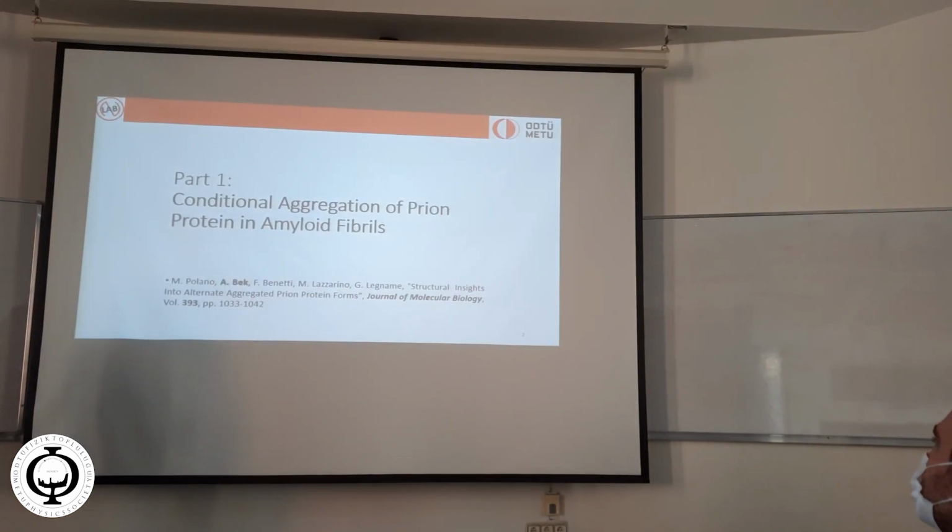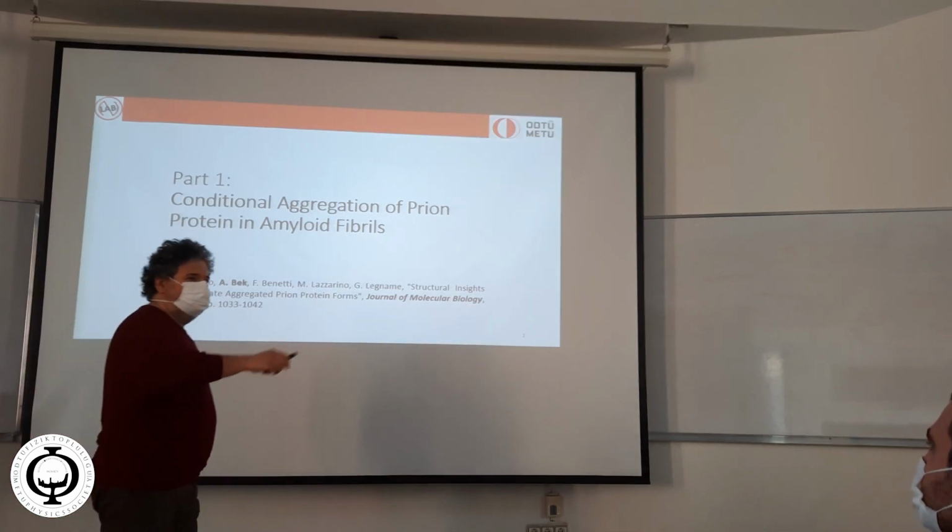In my first example, I will mention a group of proteins which cause the Prion disease, namely prion protein. Prions, are you familiar with Prion disease? Did you ever hear what prions? Maybe in Turkish. Mad cow. Exactly.